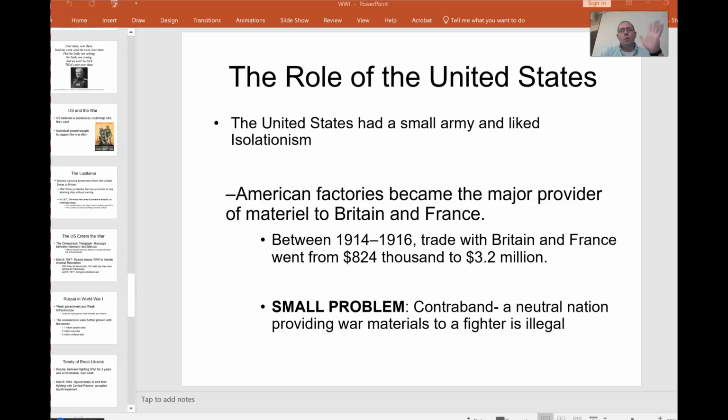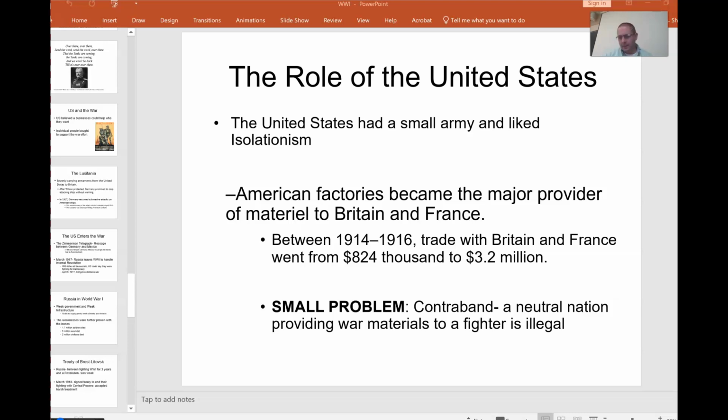So the war begins really in earnest in August of 1914, and there's a sort of slow march towards the beginning of the war, but the fighting does ultimately break out in the fall of 1914. Now, the United States doesn't initially get involved, right?